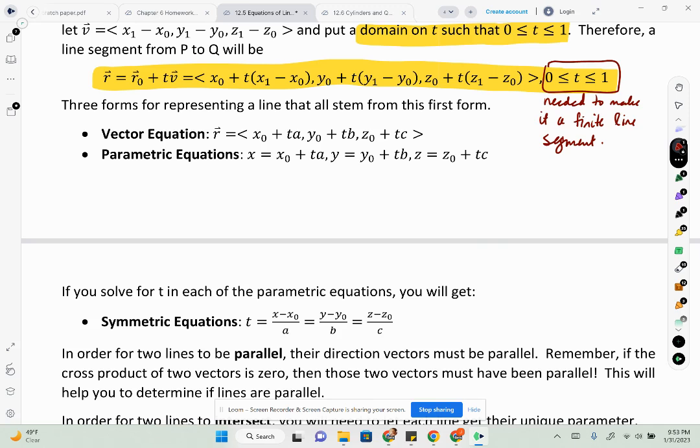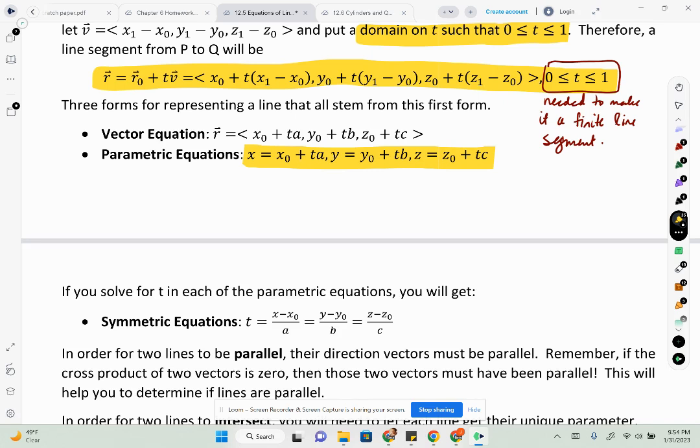Your second component is always your y component, whether it's a function or a number, and your third component is always your z component. So the parametric equations just explicitly state that. We take the first component in our vector equation and set it equal to x, because that is the x component. We do the same for y and the same for z.